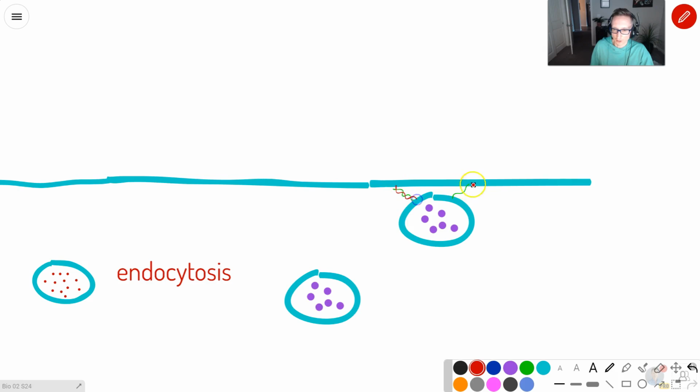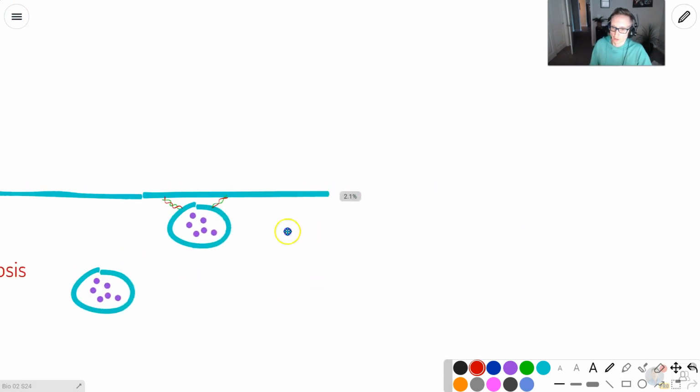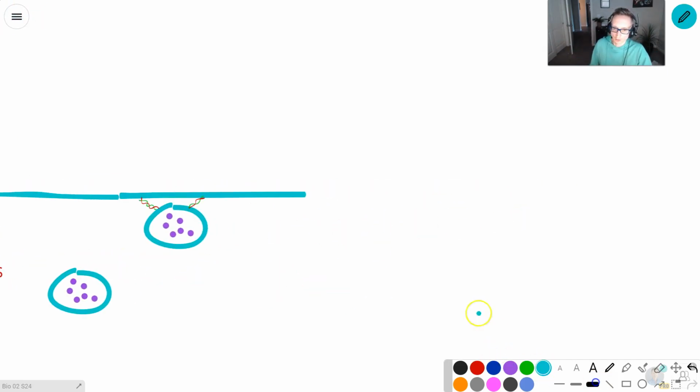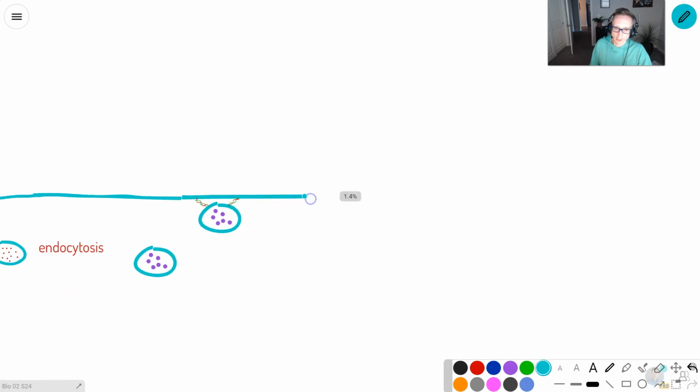They intertwine, and then they twist, like twist ties, and they cause a fusion to occur between the vesicle membrane and the plasma membrane. Looks something like that, and then it dumps out the contents, and then eventually you just have a normal looking plasma membrane with the contents outside the cell.